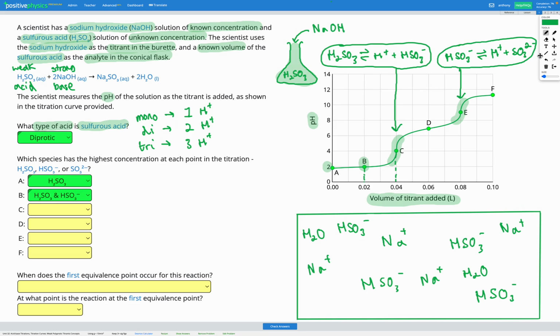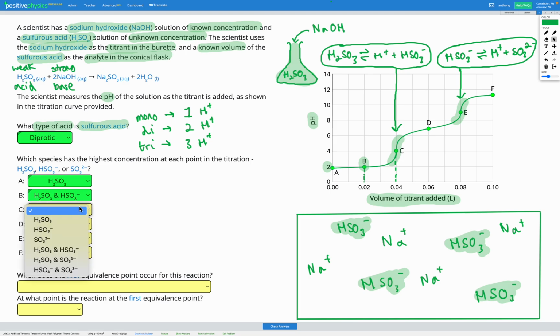But again, I'm not going to show the H2O on this diagram because I'm trying to keep it not overly complicated. So at this point now, we've got 1, 2, 3, 4 HSO3 minuses. We don't have any H2SO3 left because it's all been reacted with the NaOH that was added. So at point C, the first equivalence point, we only have HSO3 minus.